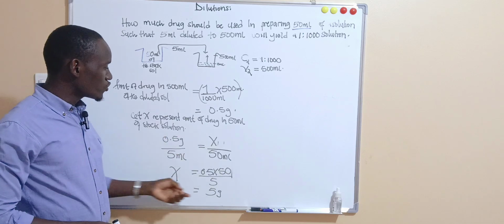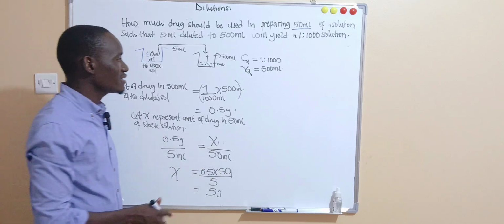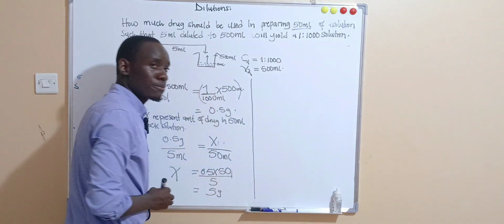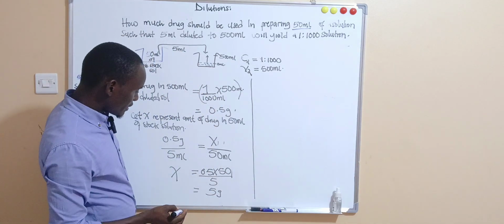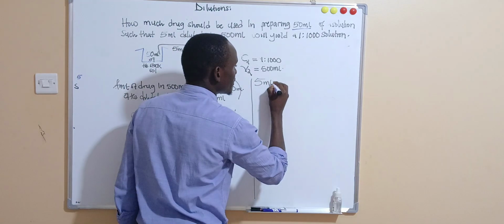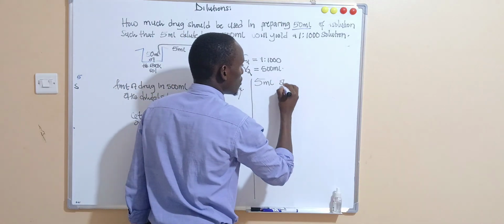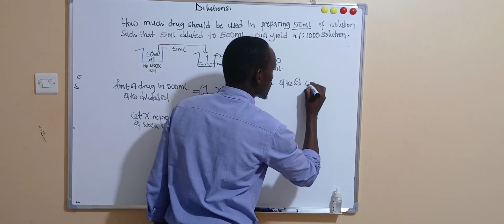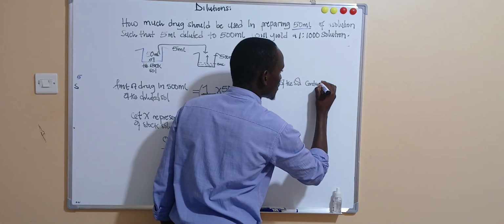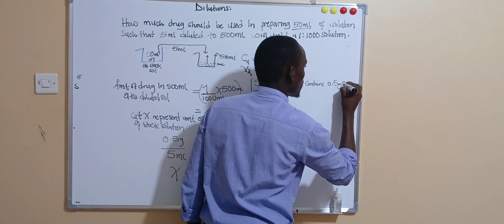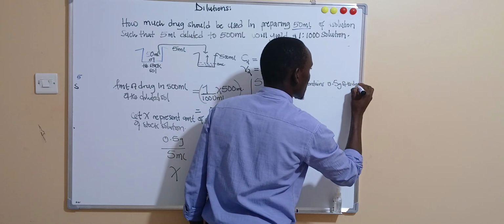If you do not want to use equivalent fractions, you can as well do this from first principle, where we shall say that 5 ml of the solution contains 0.5 grams of the drug.